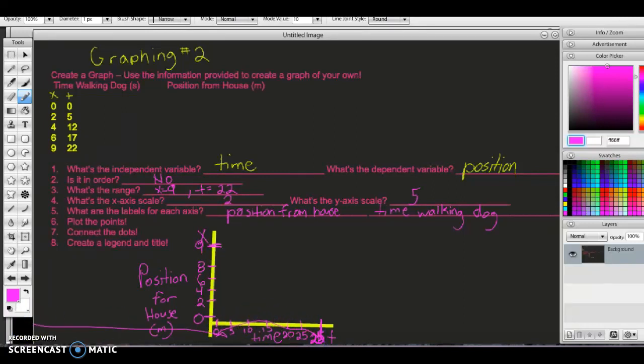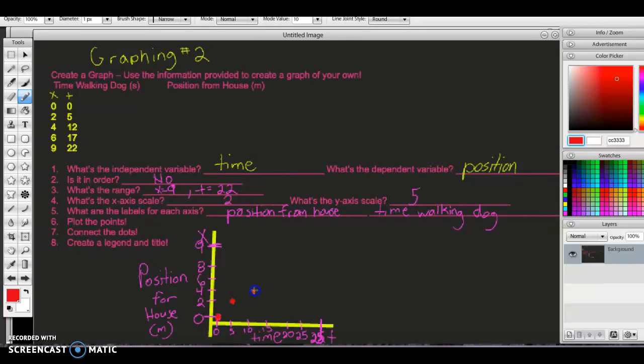All right, so next, let's go ahead and plot the points. So 0 to 0, that's going to be here. All right, 2 to 5 is right here. 4 to 12, so 12 is a little bit above 10.